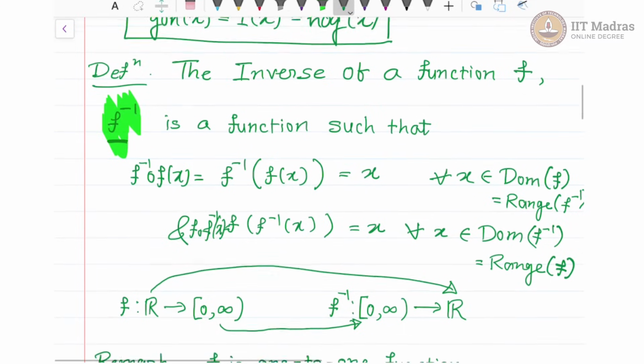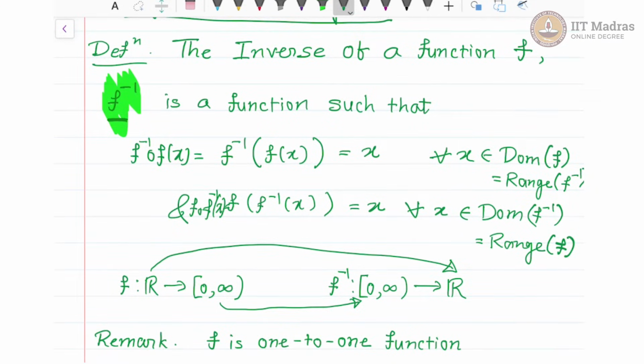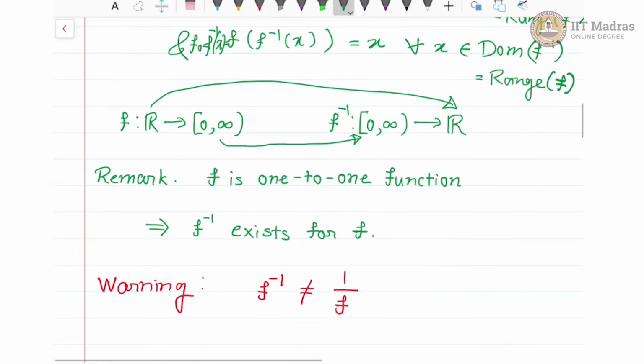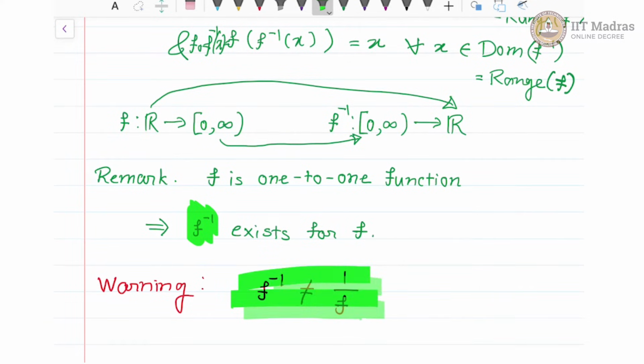Now let us go ahead and improve our understanding of one-to-one functions. If the given function is one-to-one, then f inverse always exists for f. The notation may confuse you, so let me give you one precise warning: the notation f inverse does not mean 1 by f. You may quite often confuse f inverse with 1 by f.